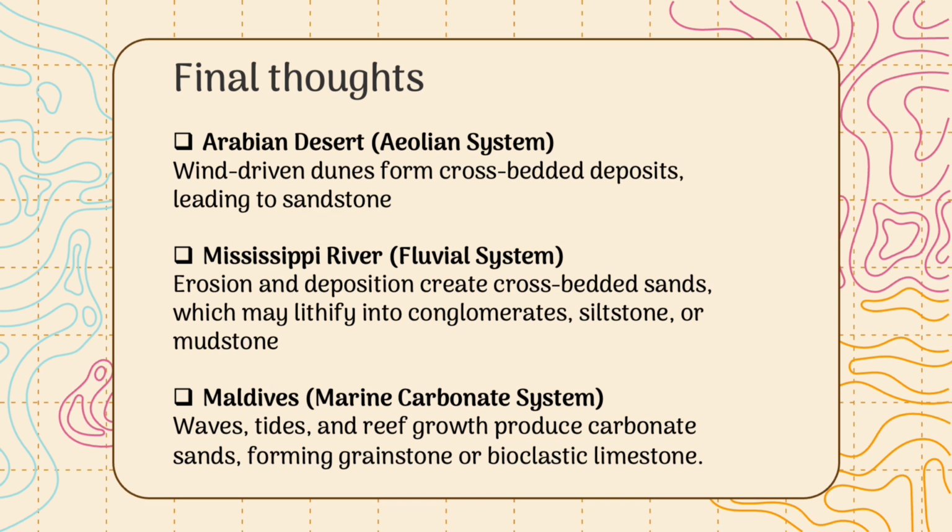For the Maldives, waves, tides, and reef growth produce carbonate sands, forming grainstone or bioclastic limestone. Each environment leaves behind a unique geological fingerprint, helping us understand Earth's history and how landscapes evolve over time.